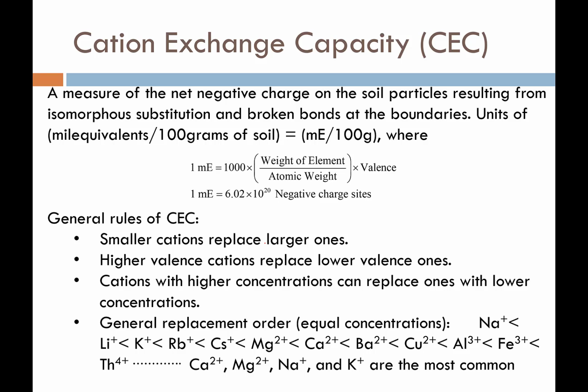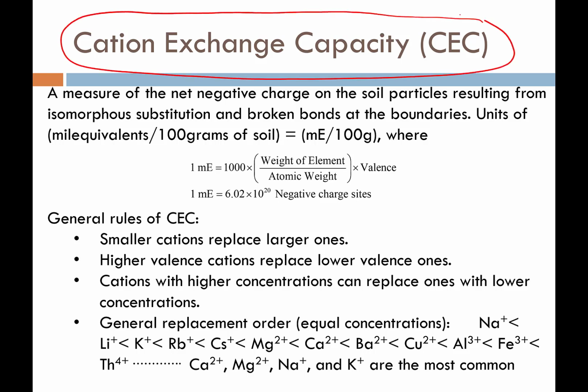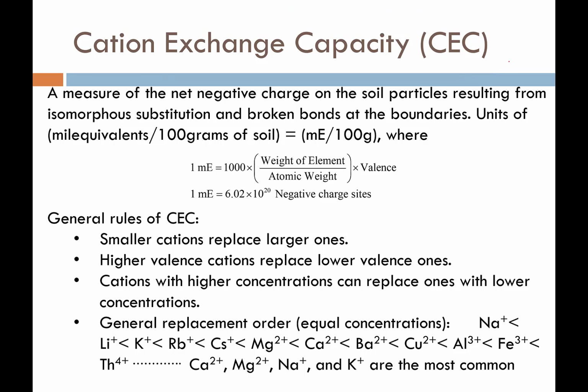So from that table that we talked about, the Lamb and Whitman table, the exchange capacity in terms of milliequivalents per 100 grams. This cation exchange capacity is a measure of the net negative charge on the soil particles resulting from the isomorphous substitution and the resulting broken bonds that occur at the boundaries, because we broke up the marriage of the previous cations with the hydroxyls.